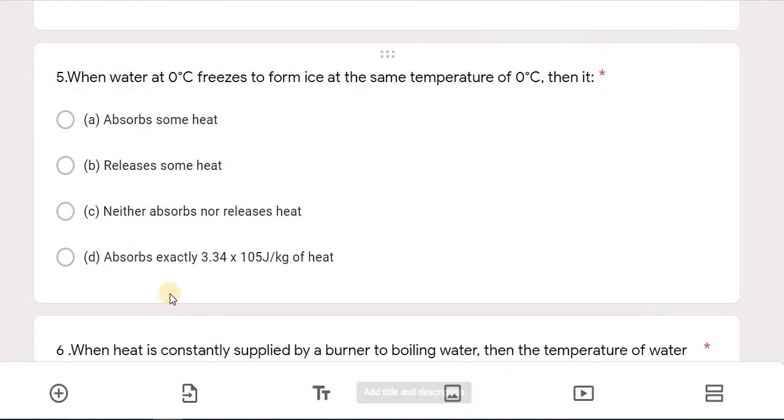D, it absorbs exactly 3.34 into 10 raised to 5 joule per kg of heat. Here you can see when the water at 0 degrees freezes to form ice at the same temperature of 0 degrees Celsius, then it releases some heat. So here the answer is B, it releases some heat.